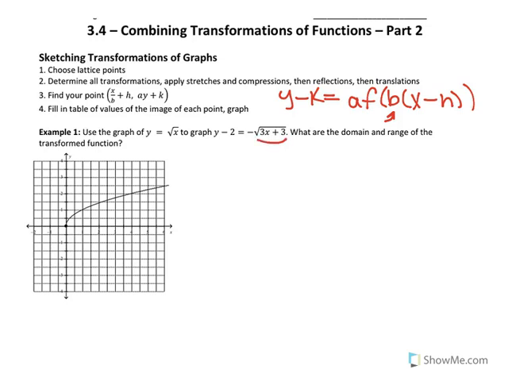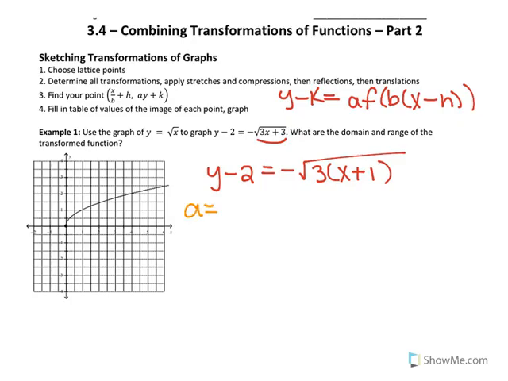So in this example, because it is not in brackets and it just says 3x plus 3, it's not quite as simplified as it needs to be. So what we're going to do is take out a 3, and this becomes x plus 1. Now it is in the form of the equation that we have.